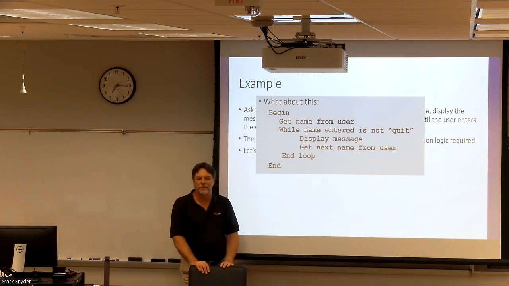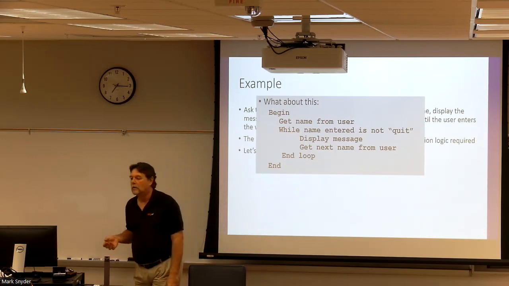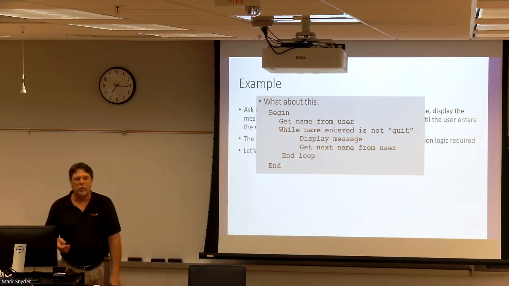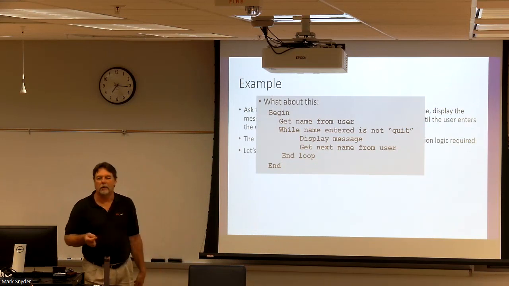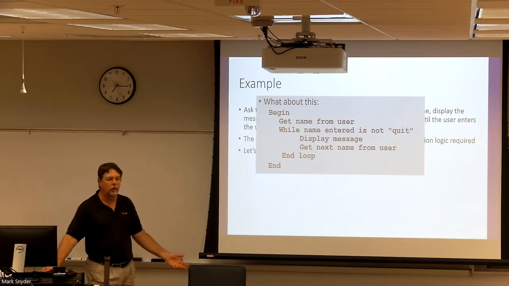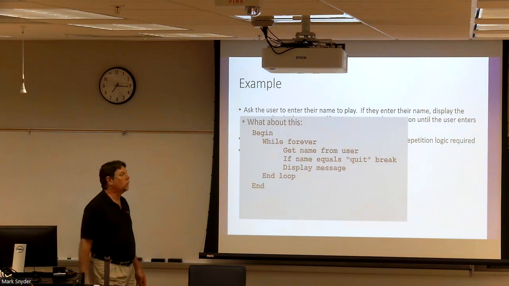Makes it a lot easier to test your code too, because instead of having to run your program every time, it'll just keep repeating until you enter your Sentinel value, and then it'll stop. And I think the book introduced that a while ago, so I've been kind of ignoring that until we got to the repetition part. So you might have already seen it if you're reading the book. Okay, how about this one?